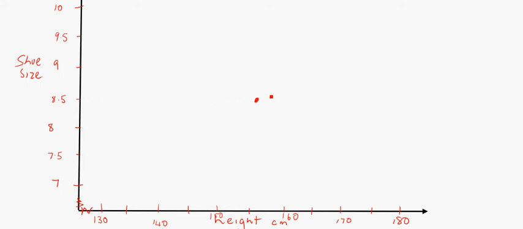The next one is 168 and a 9. 168 and up to a 9. You can do it more accurately with your lined paper. 145 has a 7.5. 170 has a 10.